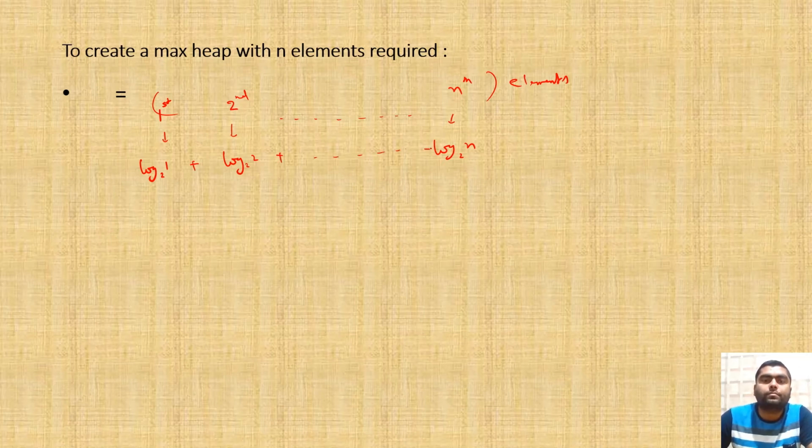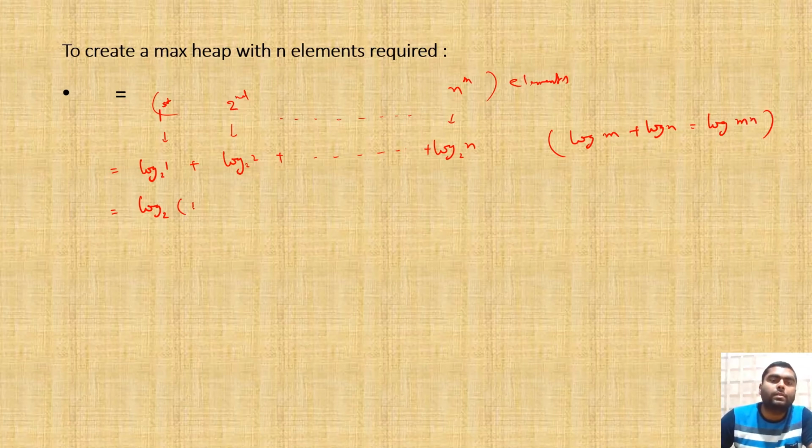So this is the total time. What is the total time required? Just add these values, and you will get the total time. So the total time is log base 2, and here I am using the formula that log m plus log n equals log of mn. So this is log 2 multiplied with 1 into 2 into 3 up to n, and 1 into 2 up to n is n factorial, so it is log 2 of n factorial.